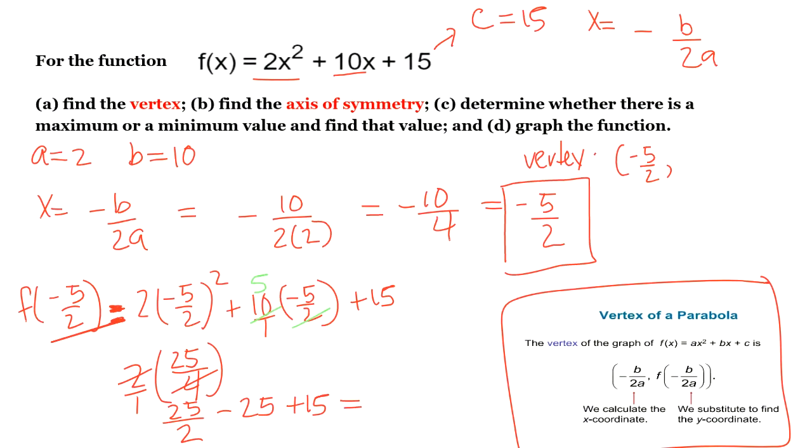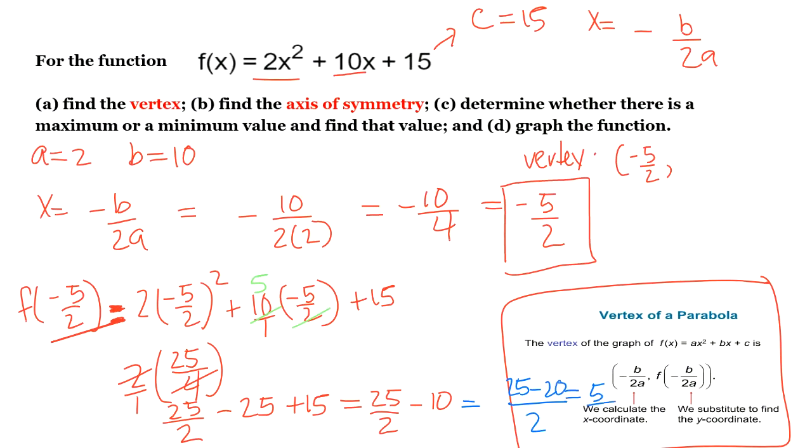So 25 over 2, and a negative 25 plus 15, I might combine that and have a negative 10. So 25 over 2 and the negative 10, the common denominator is 2. 25 minus 20 gives me 5 halves.